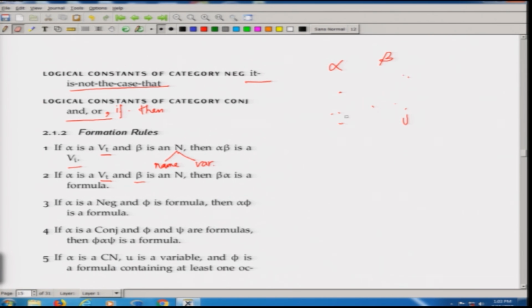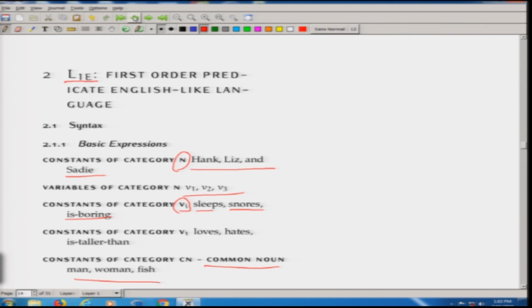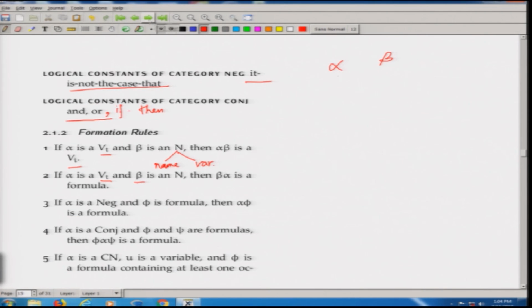I'm sorry for this mistake. This rule is if beta is an n, that is a name or variable here, and alpha is a Vt, we have how many Vts? We have loves, hates, is taller than. So we take loves, for example.